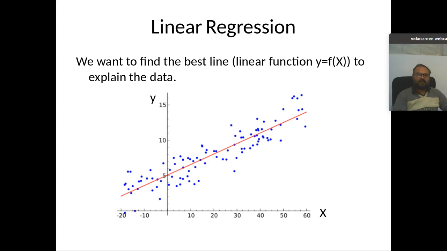Then we have another technique which is used for continuous data, where the output is a continuous number. In linear regression, we want to find the best line, a linear function y equal to f of x, to explain the data. The data may not be intrinsically linear, but we want to find an approximately linear function, as close as possible, which could explain the actual f.